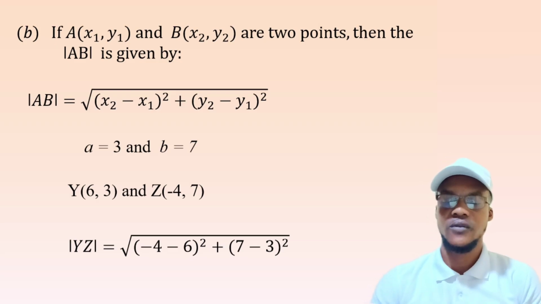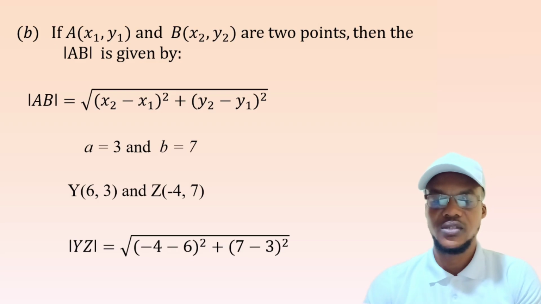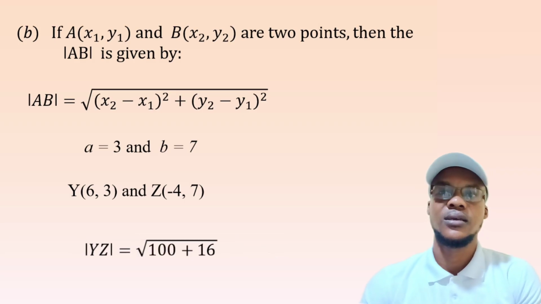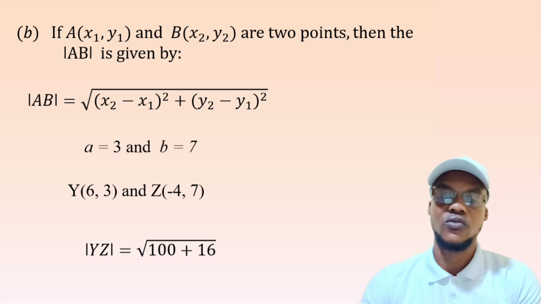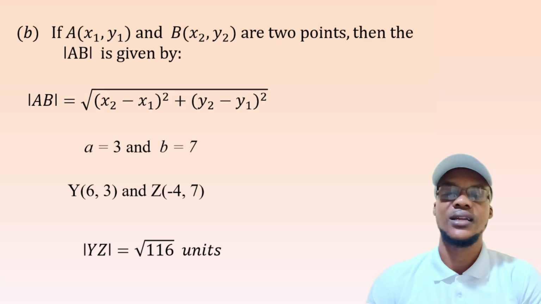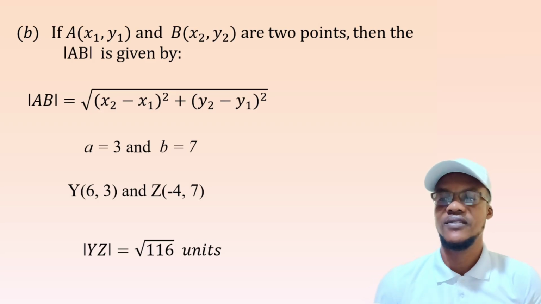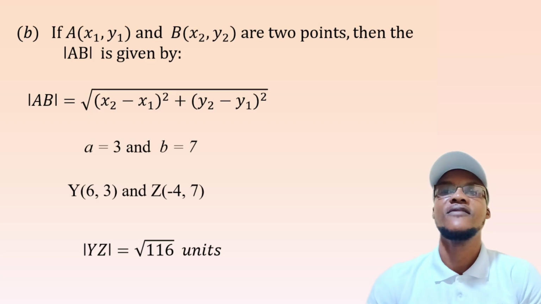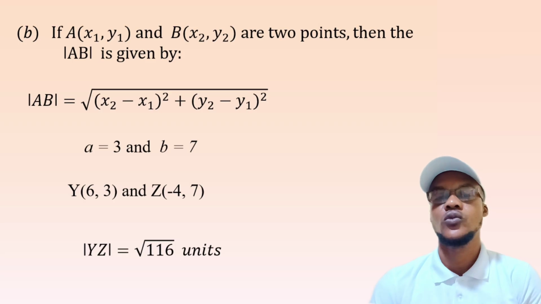If you simplify, we are going to get the square root of 100 plus 16, and that gives us the square root of 116 units, and that answers everything. So you see that it is very, very simple. This is how you can also find the b part.